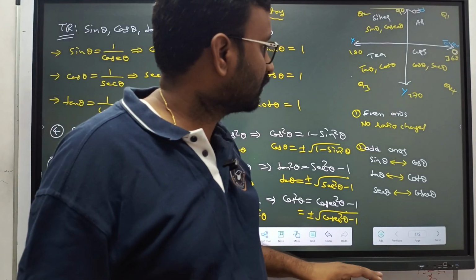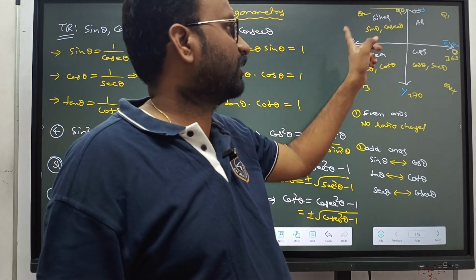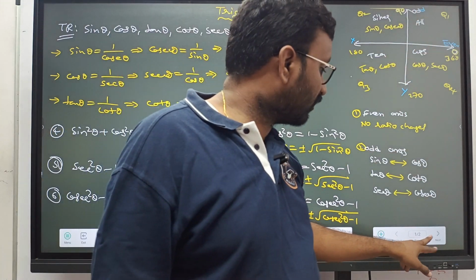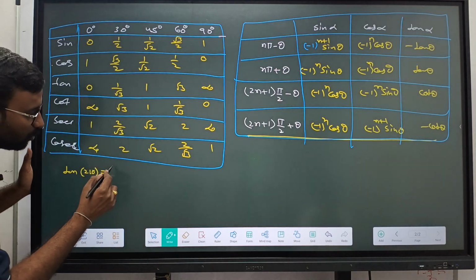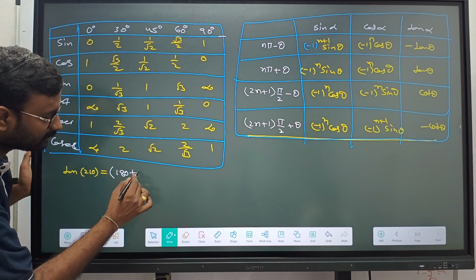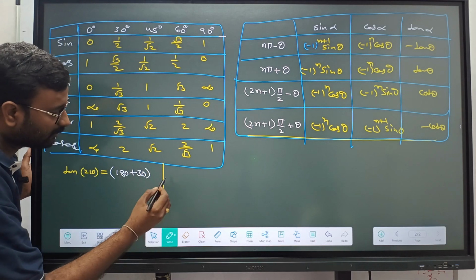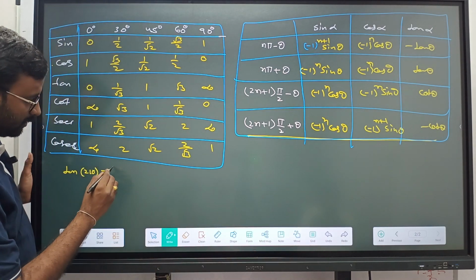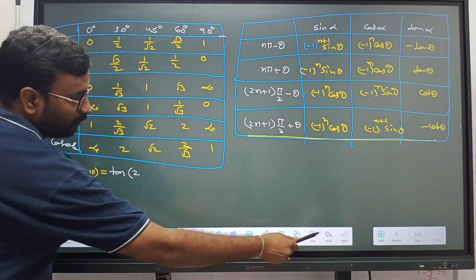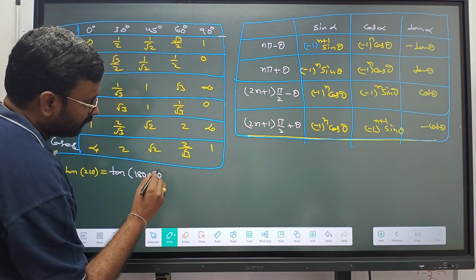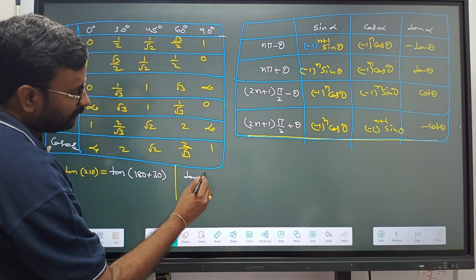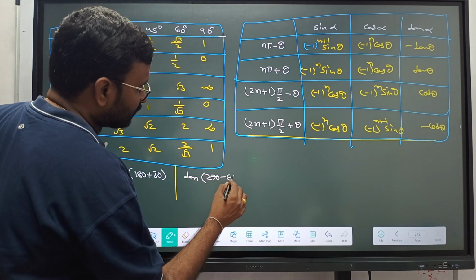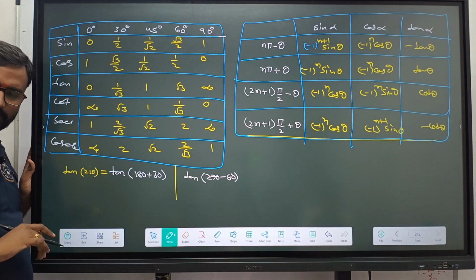I told you, on the even axis we have 180, 360, multiples of 180, and on the odd axis 90, 270, multiples of 90. So we write 210 as 180 plus 30, or tan 210, after 210 we have 270, 270 minus 60. In any of these ways you will get the same answer.